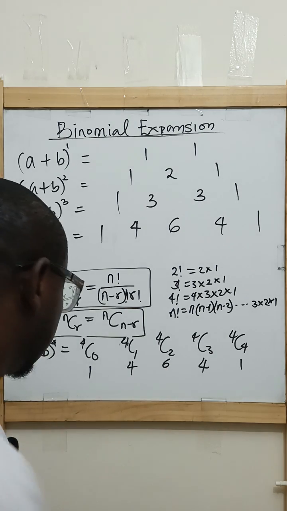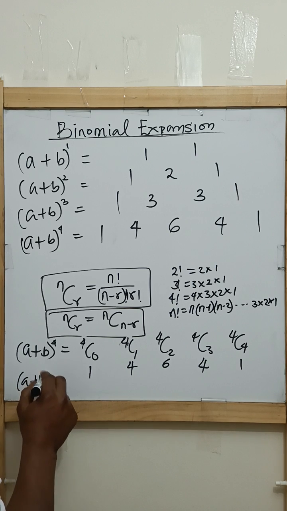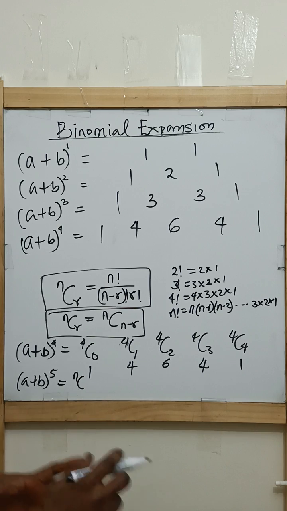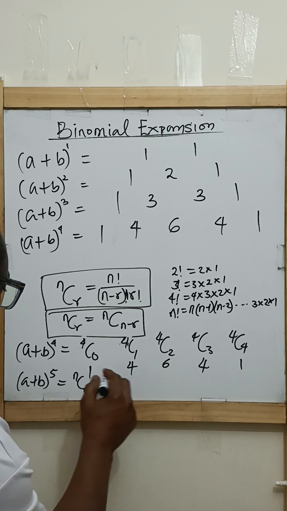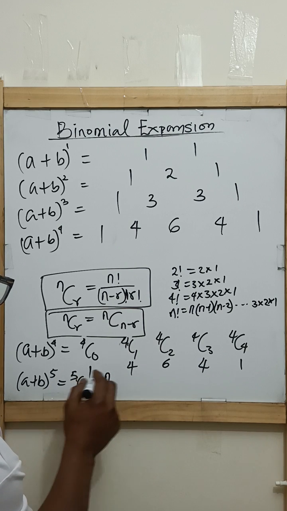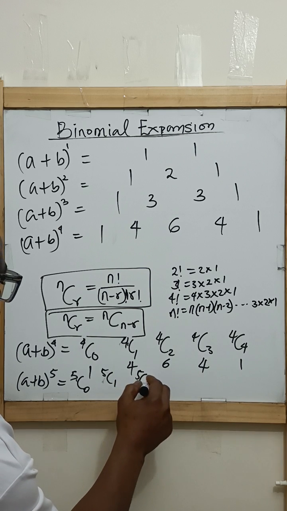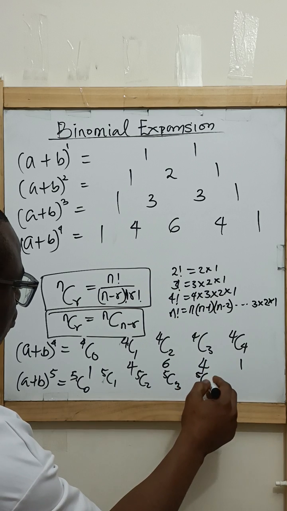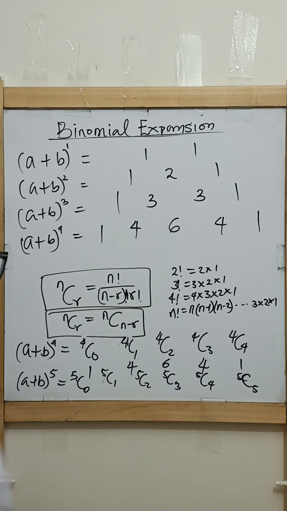So if we have (a + b) raised to power 5, the coefficients are 5C0, 5C1, 5C2, 5C3, 5C4, 5C5. You see?